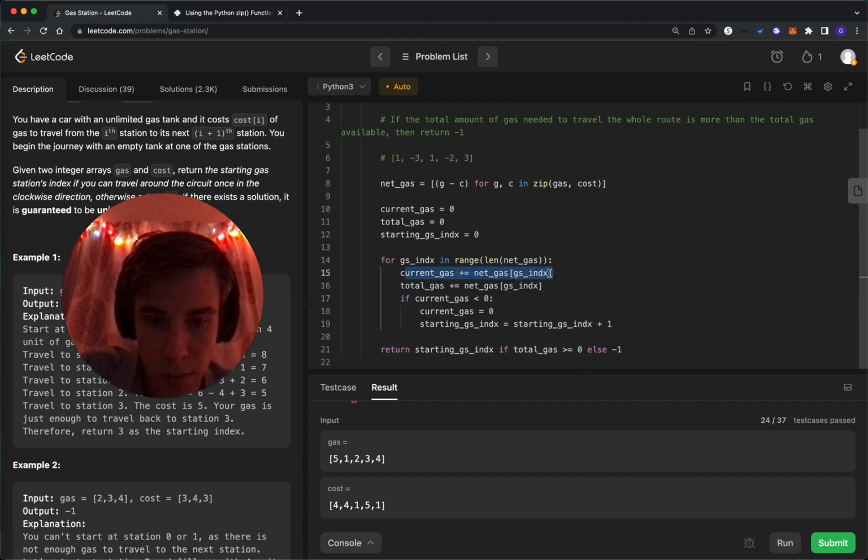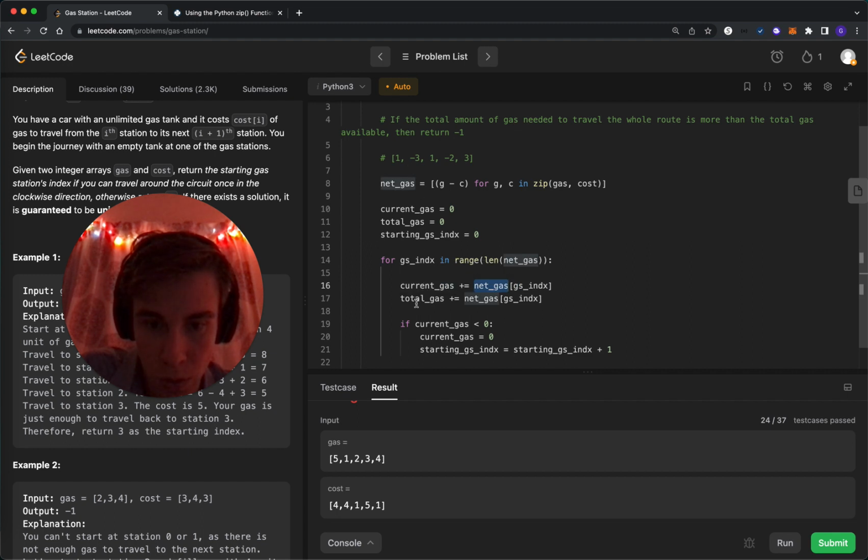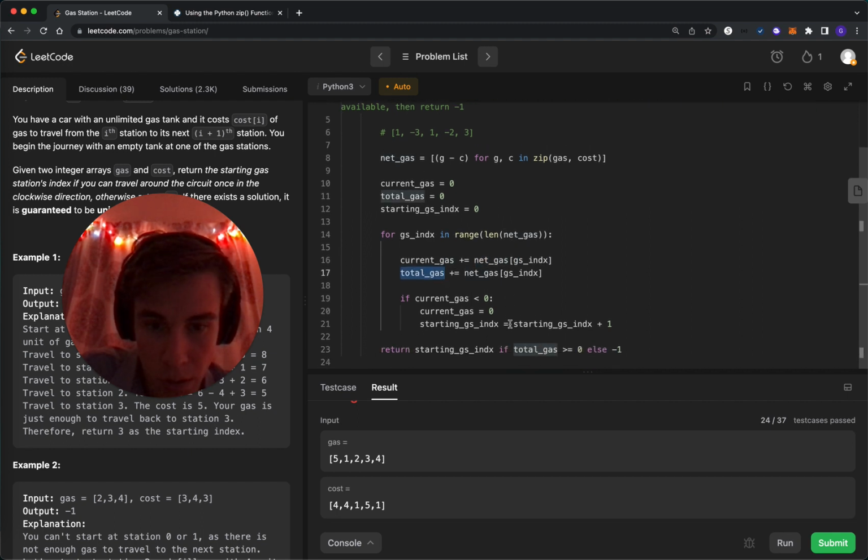Current gas plus net gas is going to be equal to -2. Total gas is also going to be equal to -2. Current gas is smaller than 0. I'm going to assign current gas to 0 and say that no, I don't want this to be my starting point. Go to the next one.